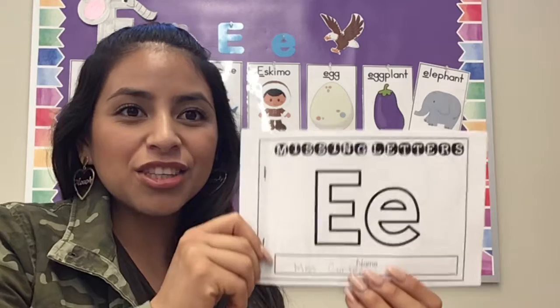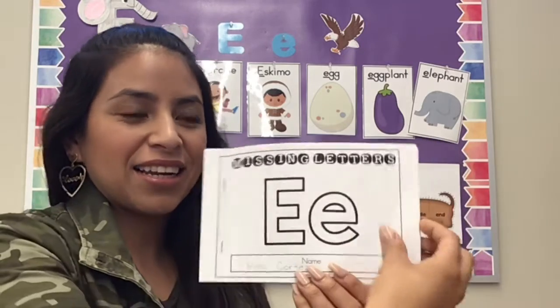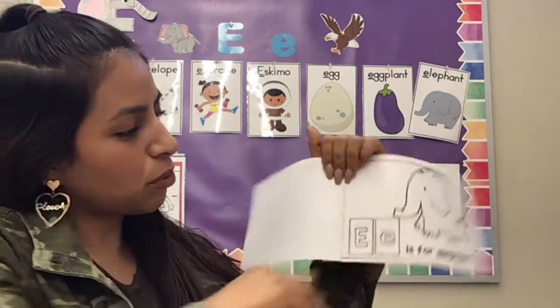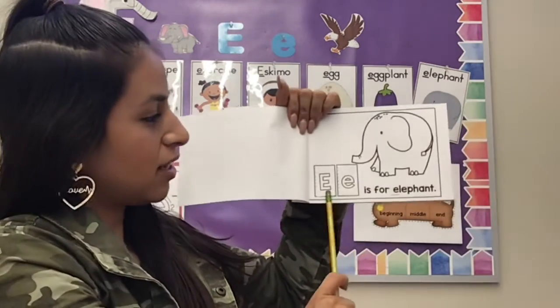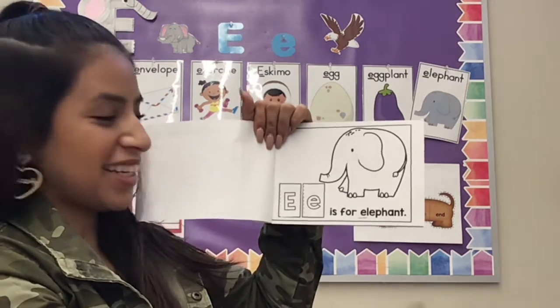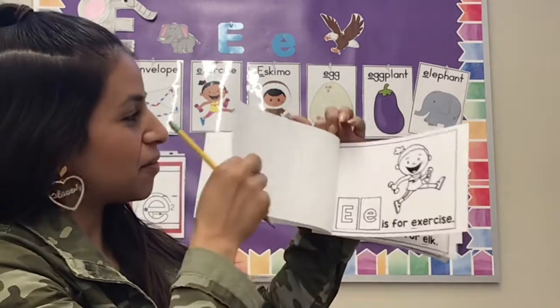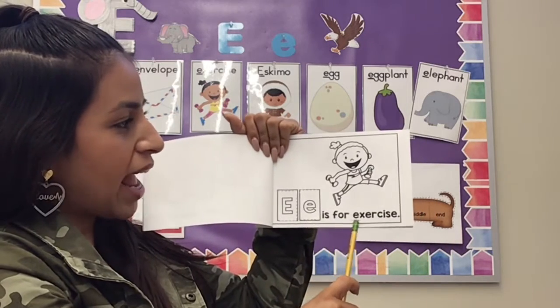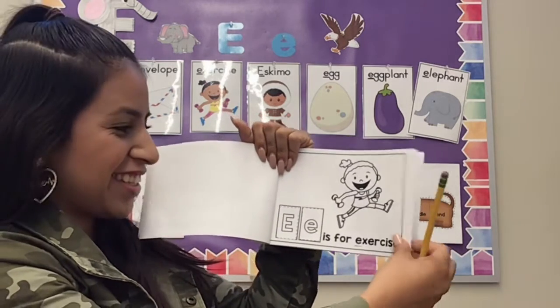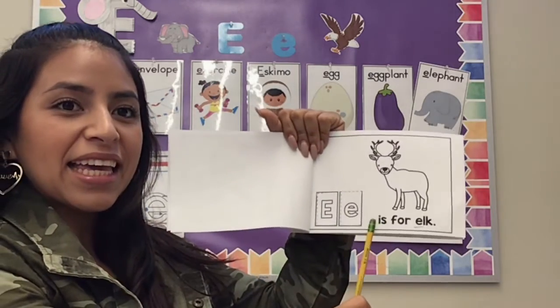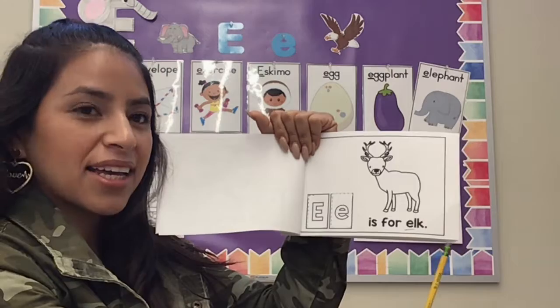it together. So go ahead and go to the front cover, open your page from left to right, and we will begin with our first page. E is for elephant. Turn the page. E is for exercise. E is for elk.